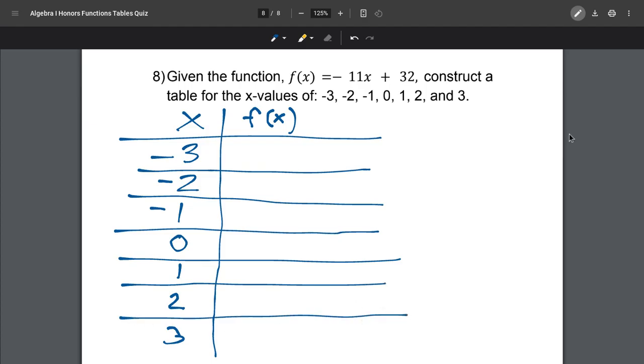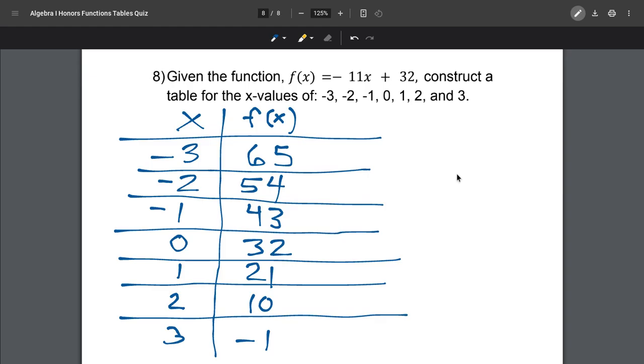All right, let's start with our table. The intercept is 32, so where x equals 0, we're going to have 32. And we're going down by 11 each time, so we go down to 21, 10, and then negative 1 here. As we go the other way, we're going to go up by 11, so let's see, 43, 54, and 65. And there you go.